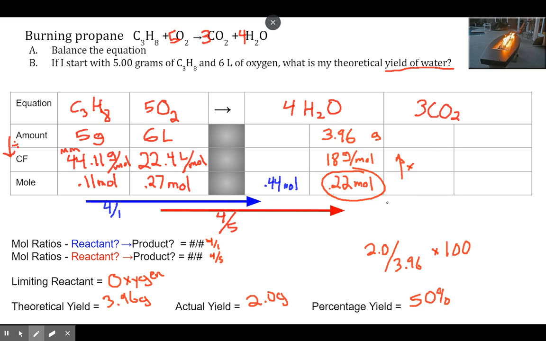But again, this shows you how we use Bill's box to solve for percent yield, theoretical yield, and we can use this to go the other direction too. So if we were given a product, we could reverse this. And remember, mole ratios, it's always what direction you're going to and where you're coming from is how you use those mole ratios. So if you have questions, feel free to let me know. But otherwise, good luck with solving any stoichiometry problems and using Bill's box.